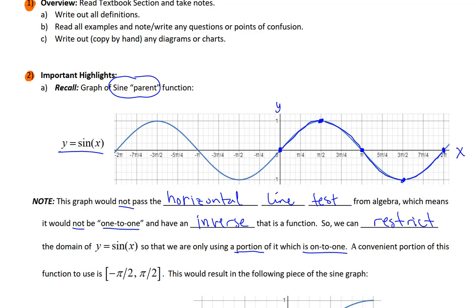This is just what's done in trigonometry for convenience, just to be able to work with an inverse function, which does matter. Since these trig functions are periodic, they just keep cycling over and over again forever.